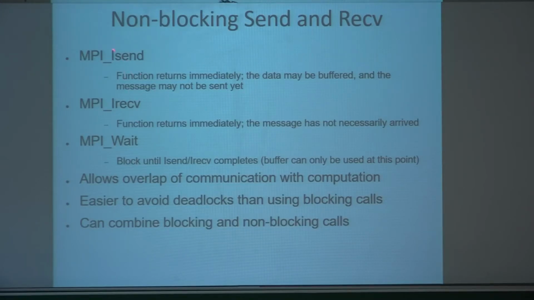These functions are coupled with an MPI wait that actually does the waiting when you are ready to wait for the send to complete or the receive to complete. So these non-blocking versions allow you to overlap communication with computation, and make it easier to avoid deadlocks, such as the example that we saw in the previous slide.